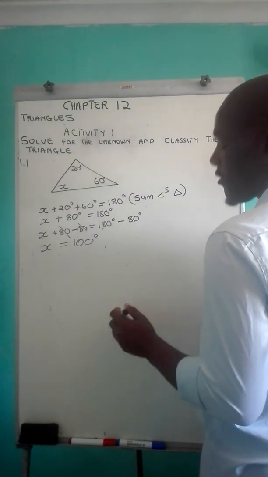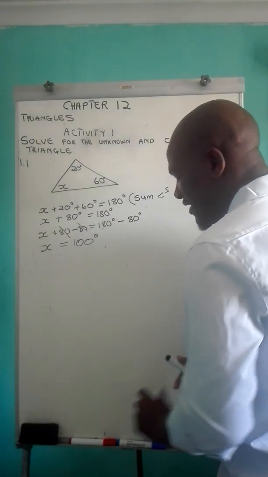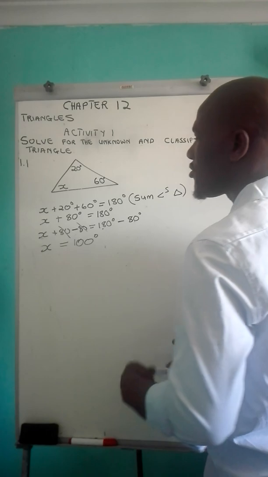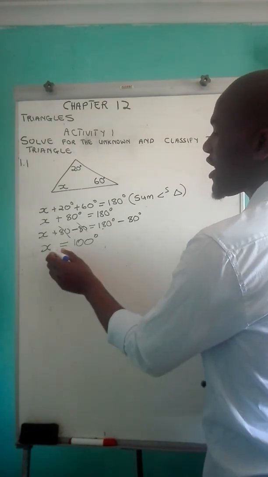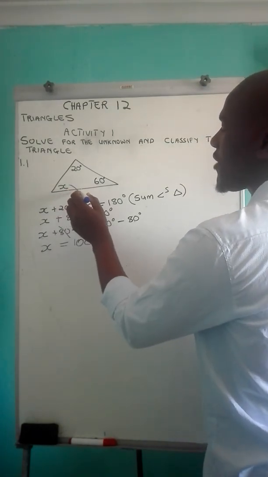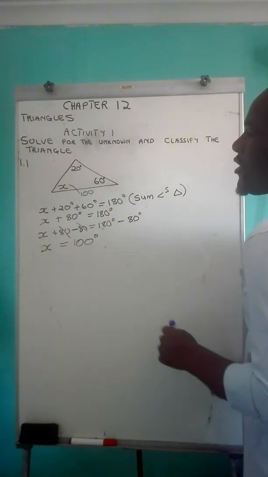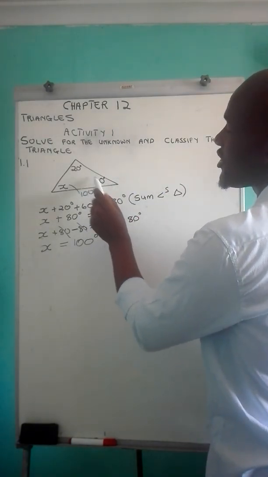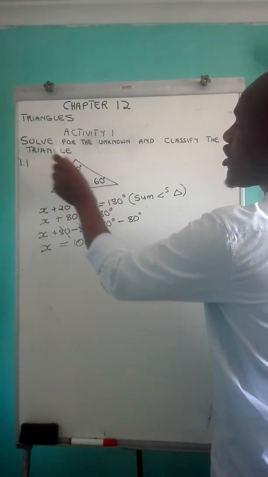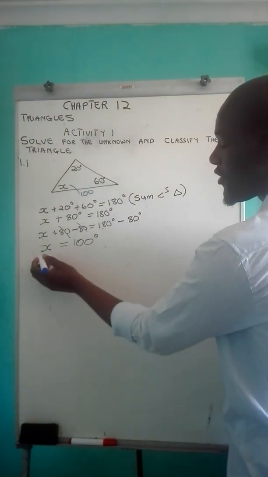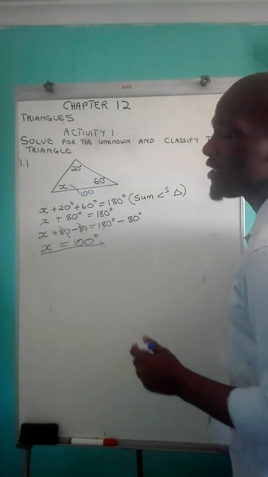Now I can substitute. Where you see x, you can substitute 100 degrees. So this is 100, this is 60, this is 20. Solve for the unknown: x is 100.